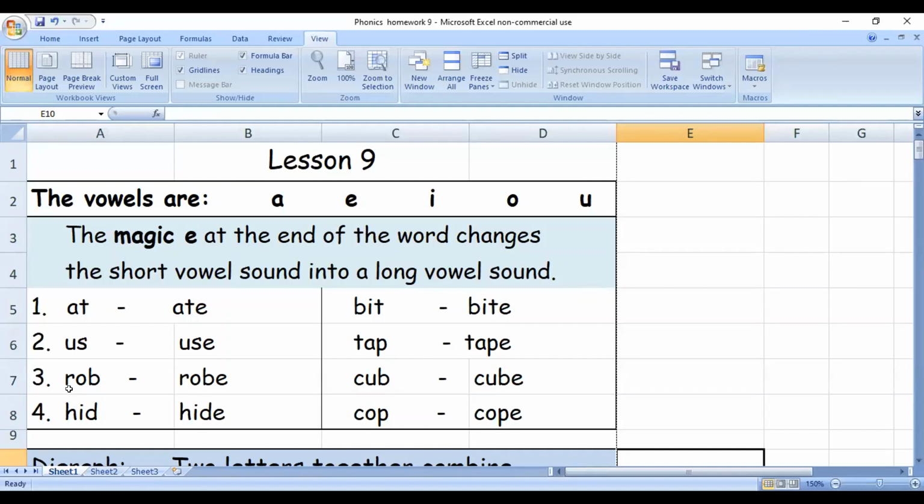Who is going to read? Okay, you can read. Robe, clap. No, cub, this one, read this again. Cub. Cup, cube. Good. Hid.